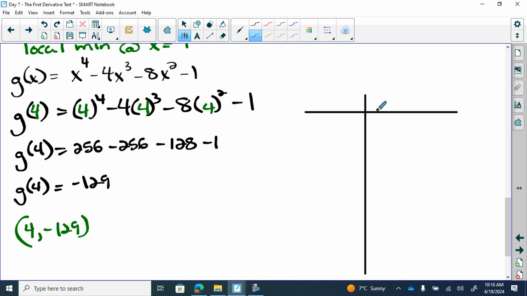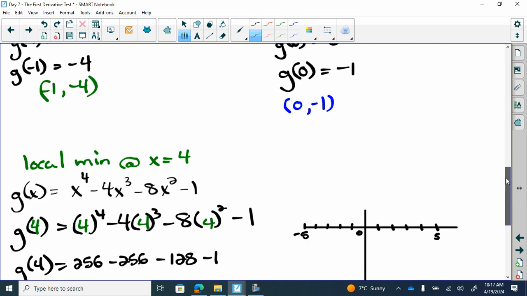Okay, so I've got 1, 2, 3, 4, 5, and then negative 1, negative 2, negative 3, negative 4, negative 5. Now, I'm not even really going to label the y-axis because this is just a complete rough sketch. Okay? But let's put these points on.